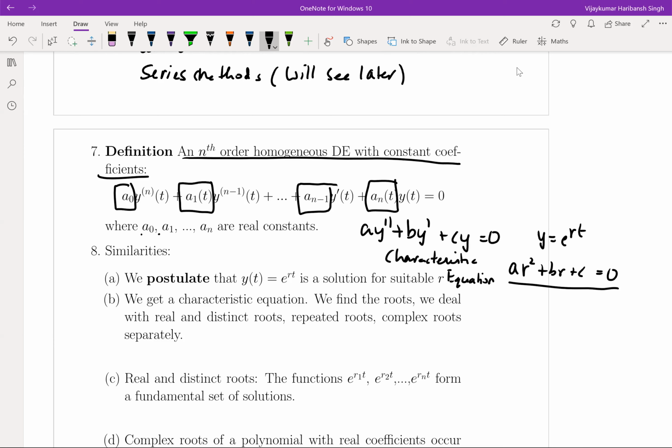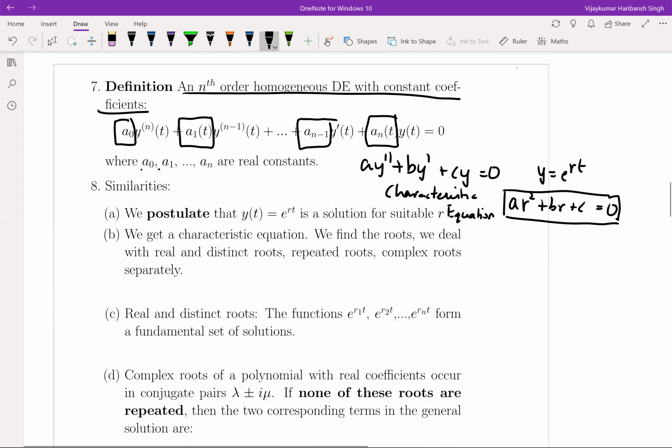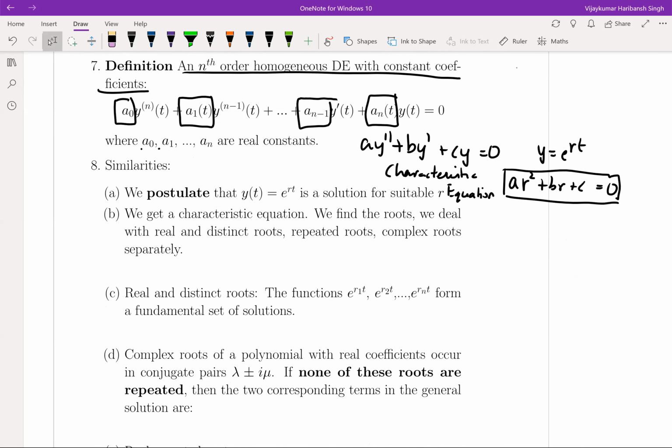You solved this quadratic equation, and based on what kind of roots it had, whether real and distinct, real but the same, or complex, we had different scenarios. This situation will be exactly the same. We'll start by postulating y equals e to the rt as a solution for some suitable r. We'll get a characteristic equation.